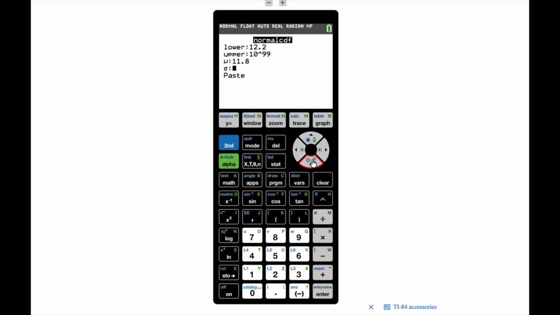For the standard deviation, enter 2.8 over square root of 32. To type the square root, press second and then x squared and enter 32. Now highlight paste and press enter. Check if the command on the screen matches the one you have on paper and then press enter.